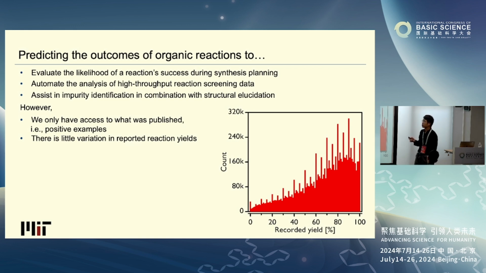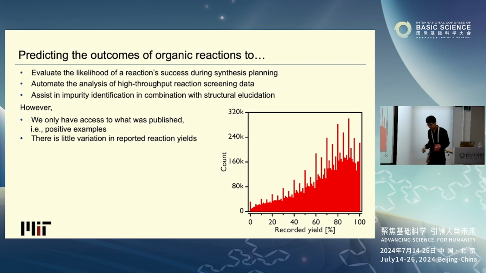The main problem we have in trying to predict the outcome of a chemical reaction is that we really don't have negative data. The database that we have is highly biased towards reactions that actually succeeded. Not a lot of reactions that people report actually have zero yield, meaning they're failed reactions.